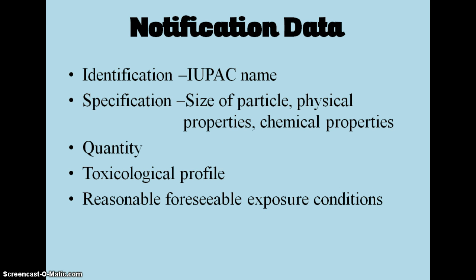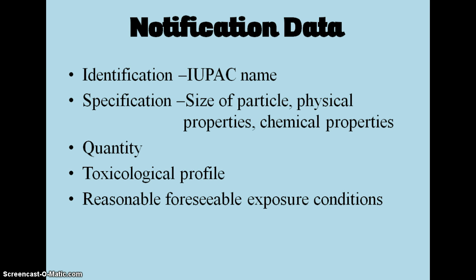And these are the notification data that need to be included. First is the identification of the nanomaterial, where we have to state the IUPAC name of the nanomaterial that we use. Next is the specification, where the size of particles, physical properties, and chemical properties need to be included.